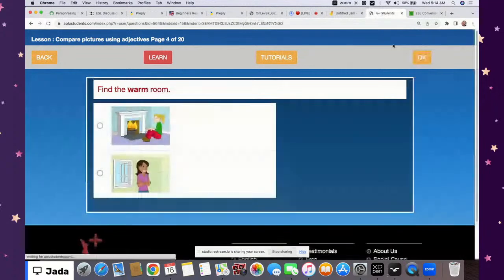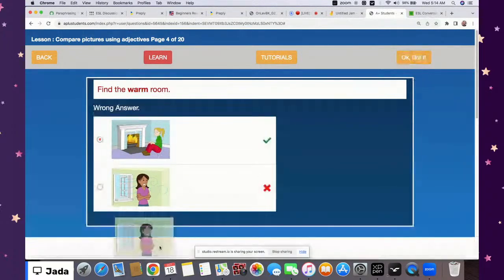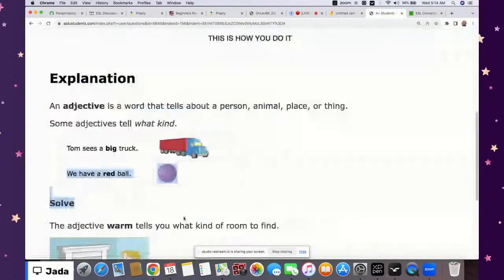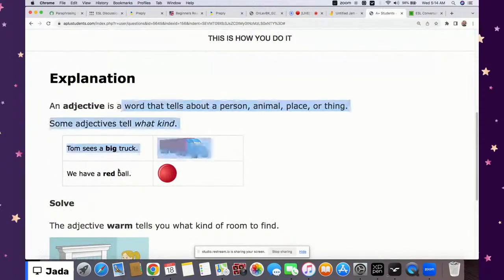So now, let's say that you're working on this and you do not know the right answer. You are asked which is the warm room and you don't know if it's the first or the second, and then you click on one and you get it wrong. So what you need to do is you go down, okay? Scroll down like this. Whenever you get anything wrong, you go down and then you read the tutorials again. The tutorials will give you a detailed explanation.